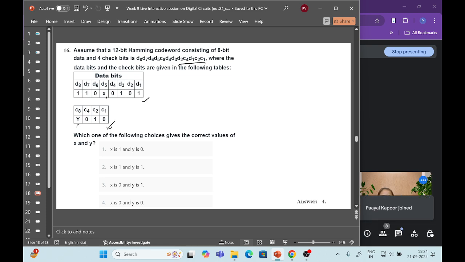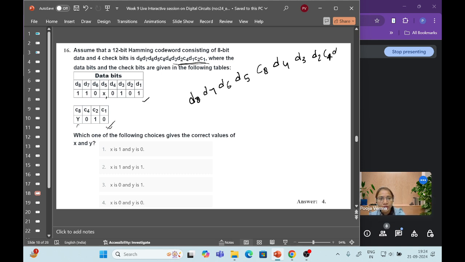Now it is written from this side, so we have to write it like this as well: D8, D7, D6, D5, C8, D4, D3, D2, C4, D1, C2, C1.